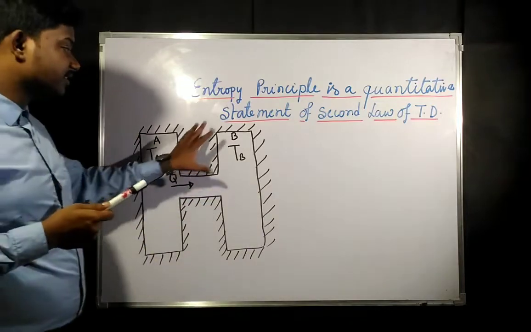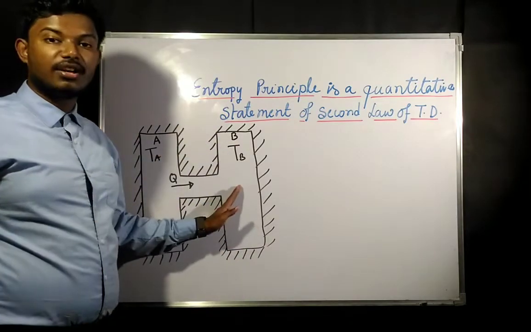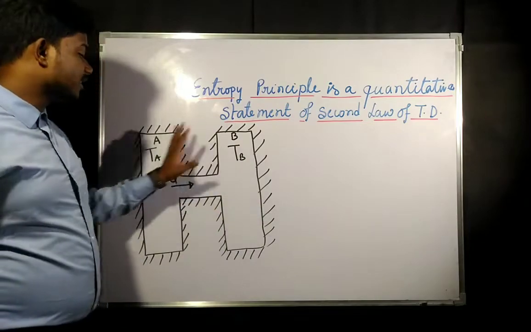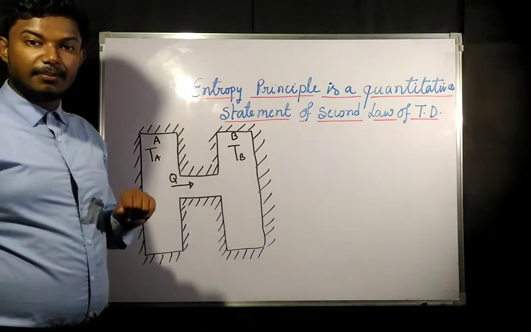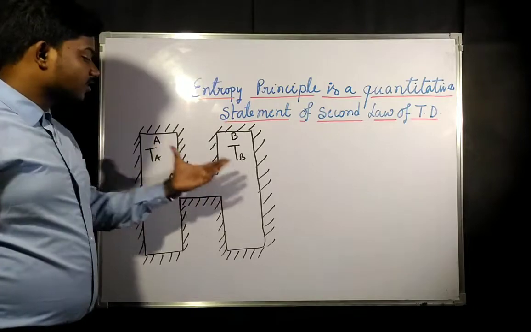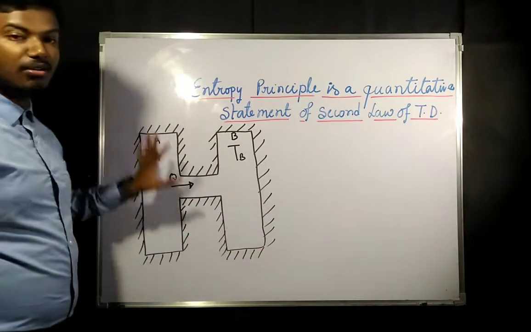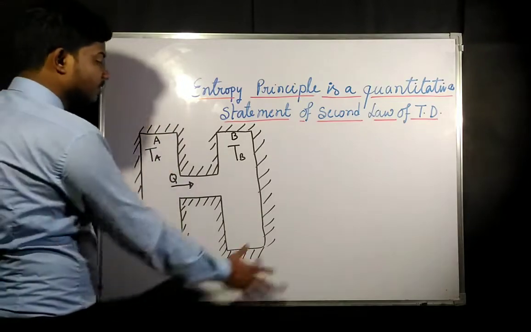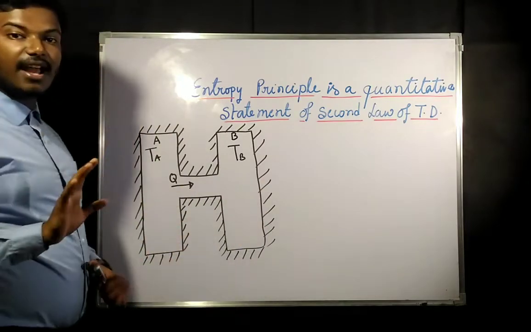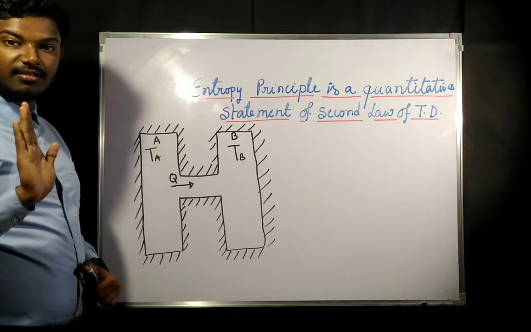And since there is no leakage, no mass transfer can take place. All the interactions will be only within this boundary, so we can consider this as an isolated system or universe.